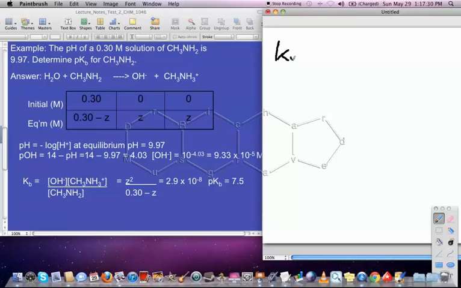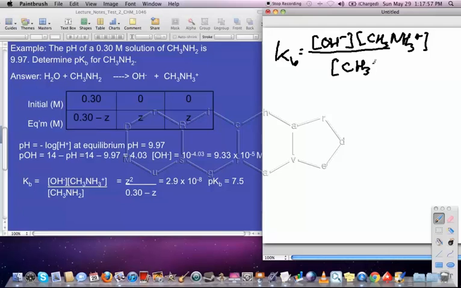Now Kb is equal to the products over the reactants, so the concentration of OH minus times CH3NH3 plus over the concentration of CH3NH2.